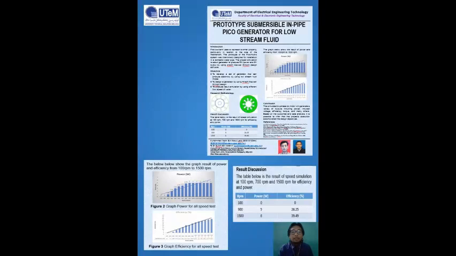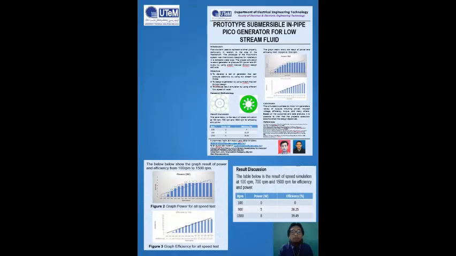The result and discussion that I have gained from my project is, as you can see on table 1, my result for the three different speeds. The first one is the starting speed, the second one is the speed for the maximum output power that I have achieved, and the third one is the speed when the maximum power is achieved but the speed is still increasing.